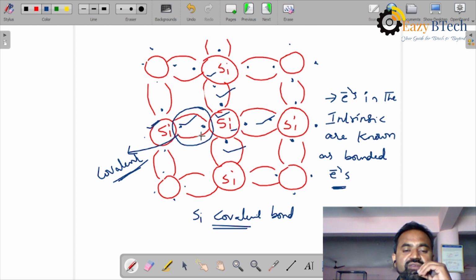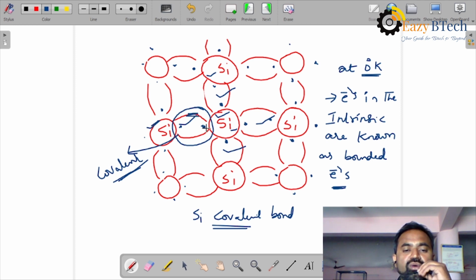The energy is very strong. Even if you apply some external field at 0 degrees Kelvin, this covalent bond cannot be broken.